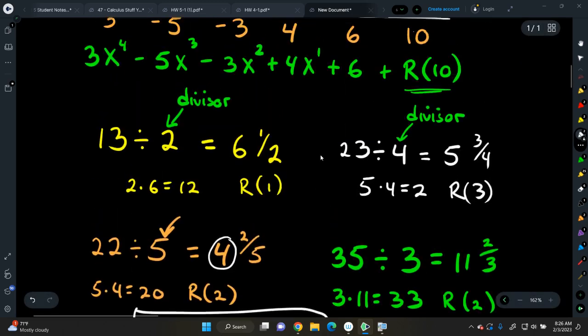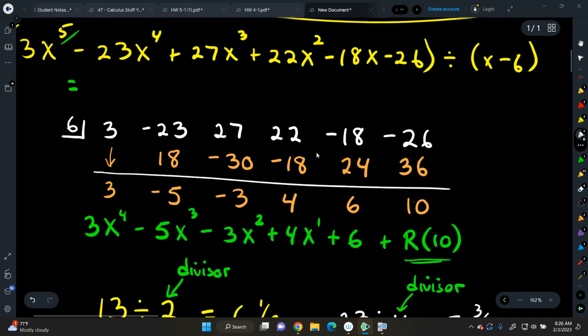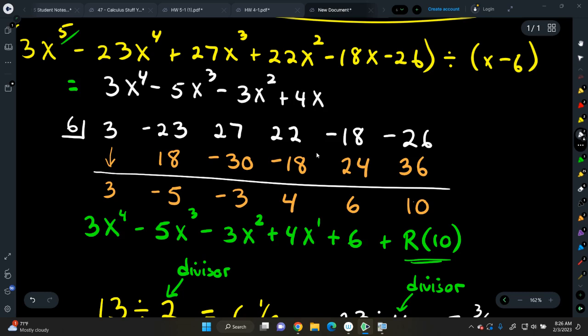Let's go back up and look at this polynomial up here. Okay. We got as an answer 3x to the 4th minus 5x to the 3rd minus 3x squared plus 4x plus 6 plus, now we're going to represent our remainder as a fraction.